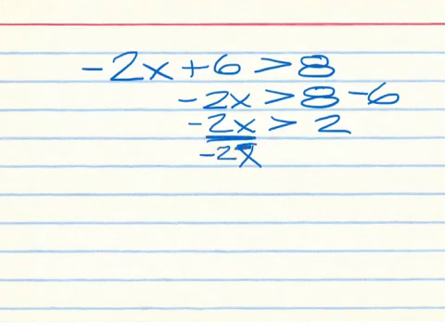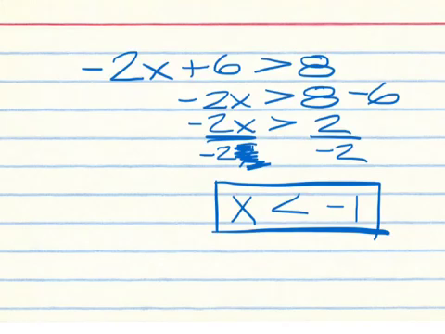I should have said negative 2. Actually, I said negative 2, but I wrote x. And then divide by negative 2 on the right. So you're left with x and negative 1. But since you divided by a negative, you flip the inequality sign. X less than negative 1.